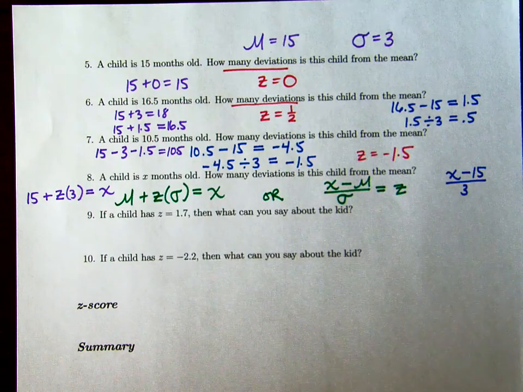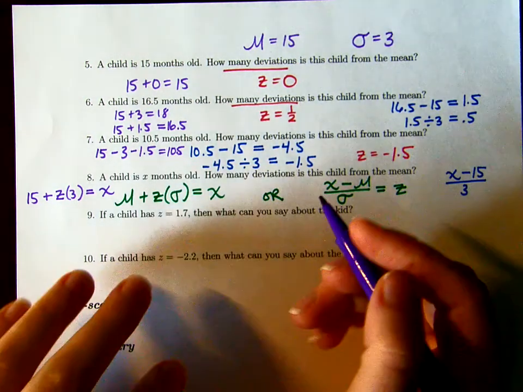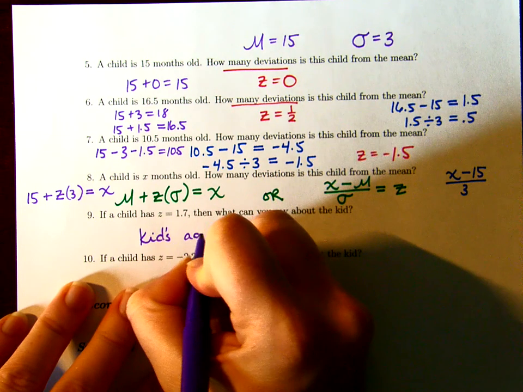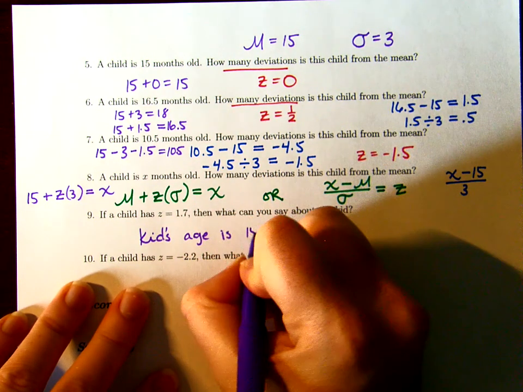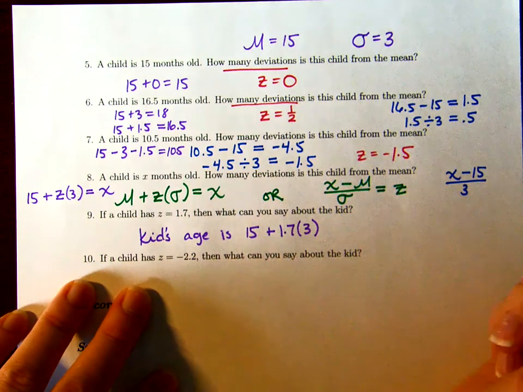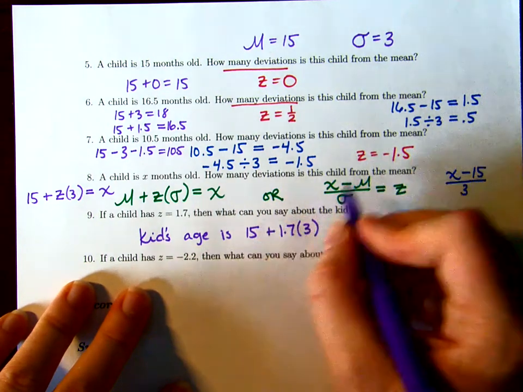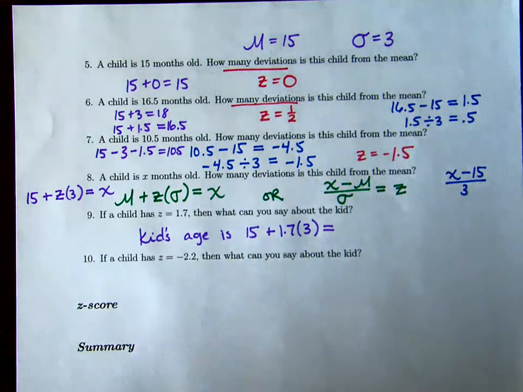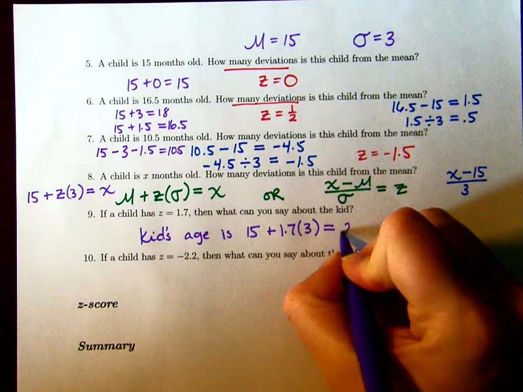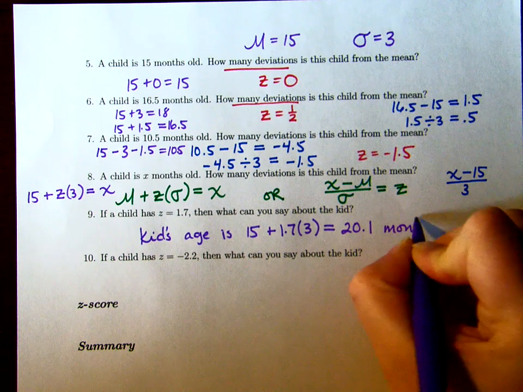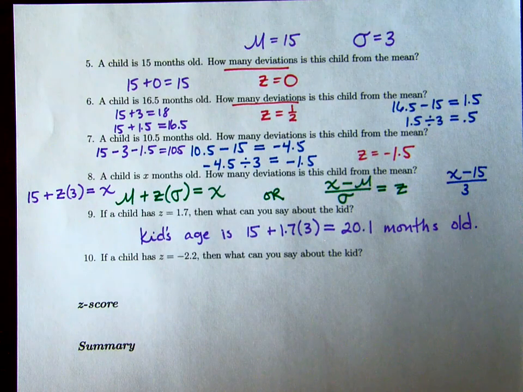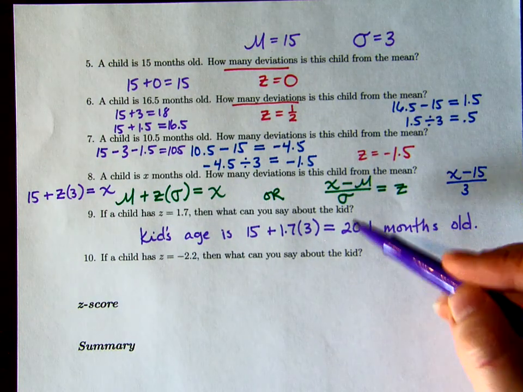Looking at this purple style, the kid's age is 15 months plus 1.7 standard deviations, which is 3, away from the mean. So 15 plus 1.7 3's is 20.1 months old.